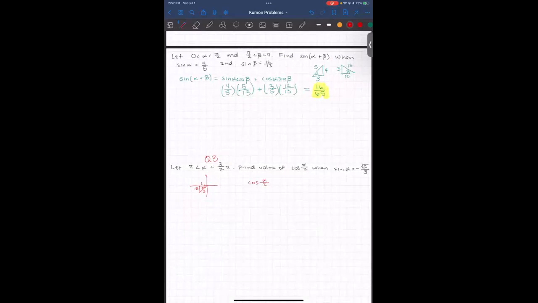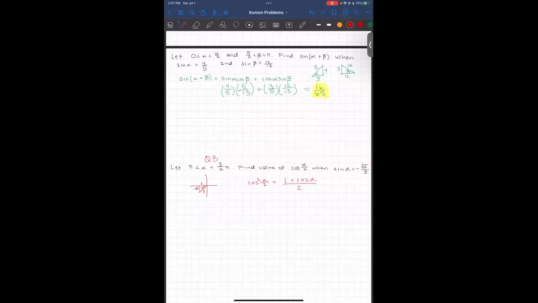Using our different trig formulas, we know that cosine squared of alpha over 2 is equal to 1 plus cosine alpha, and this is one of our half angle formulas, divided by 2.